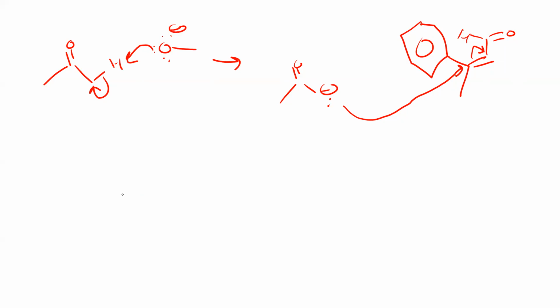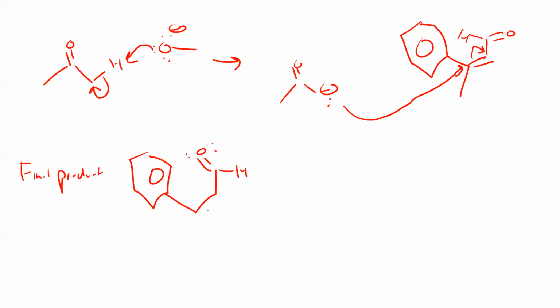Let me see. So we have the final product. Got our benzene ring. Got this. Coming up, we still have our aldehyde. Nothing changed there. I guess they want, sorry about that.